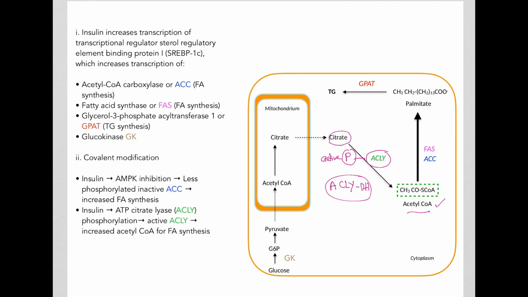Now insulin signal transduction will lead to phosphorylation of this enzyme. It will lead to more and more phosphorylated ACLY, which is the active form. And this activity increases, breaks down the citrate to give you the building block, acetyl-CoA, which will be used to make the fatty acid. So that will lead to increased fatty acid synthesis.